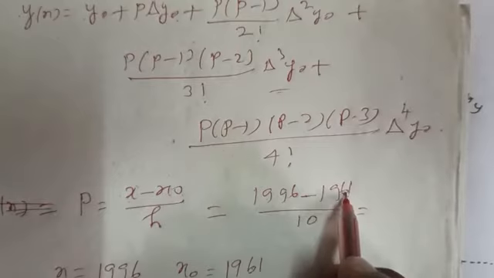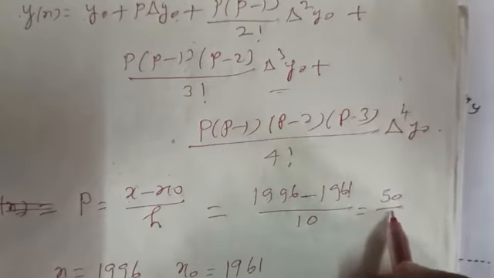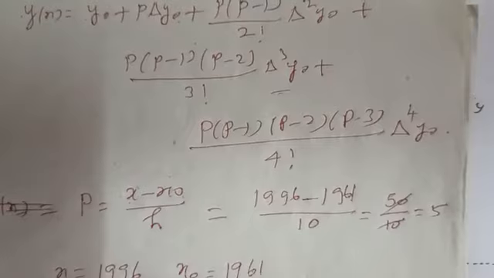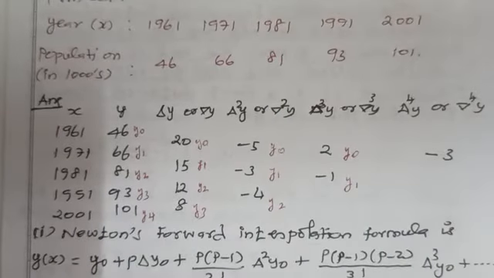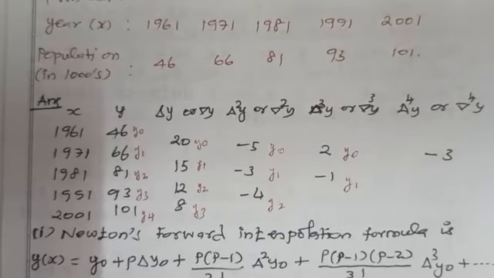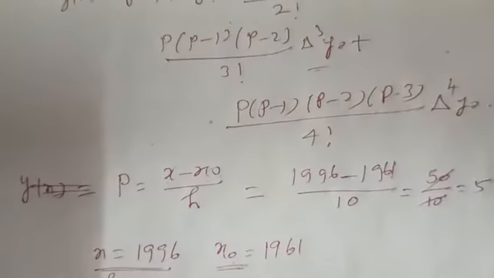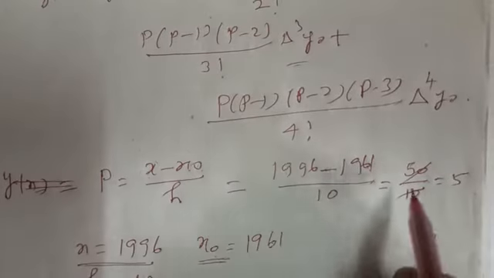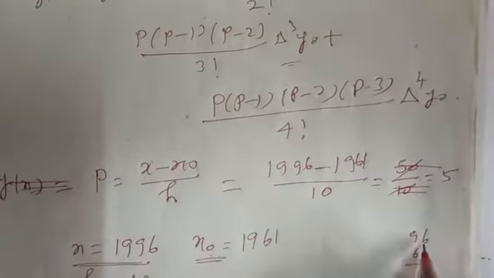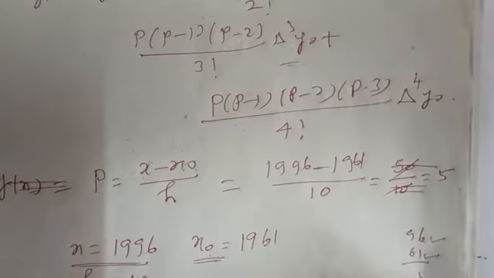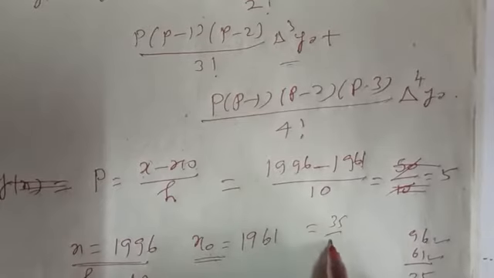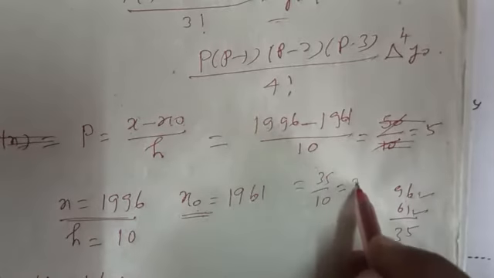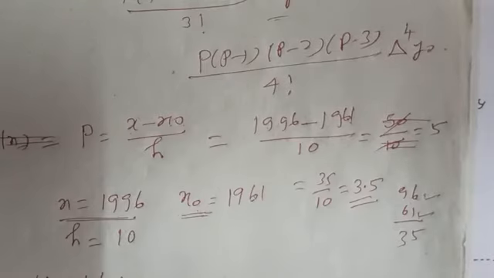Sorry, 1996 minus 1961, the difference is 35. 35 divided by 10 equals 3.5. The p value is 3.5.